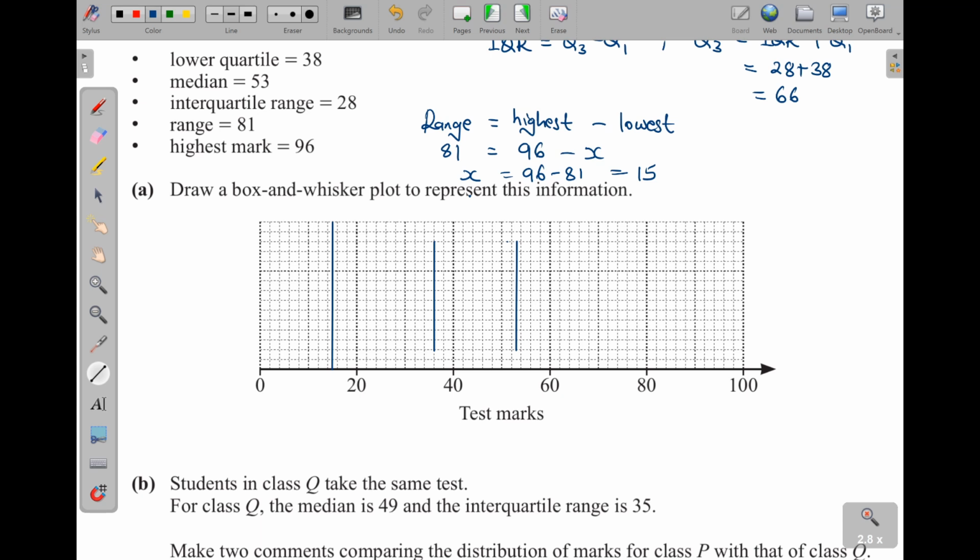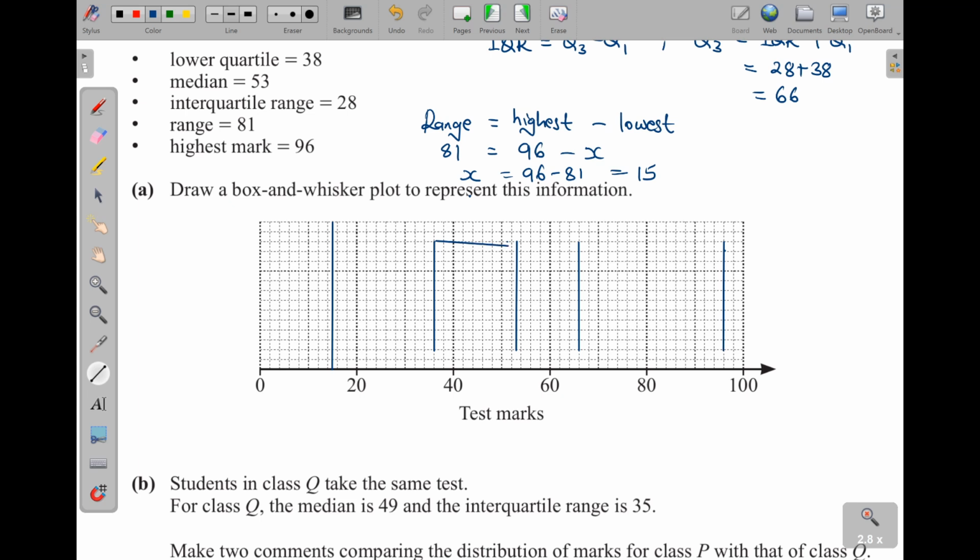We have calculated it 66. So I move 3 beyond this one, like that. And then the next one is the highest value, which is 96. So I'll move 2 units behind 100. So that is what we are having there.